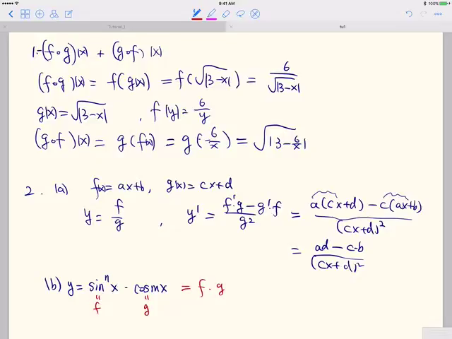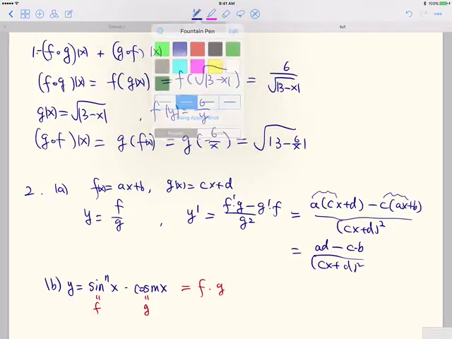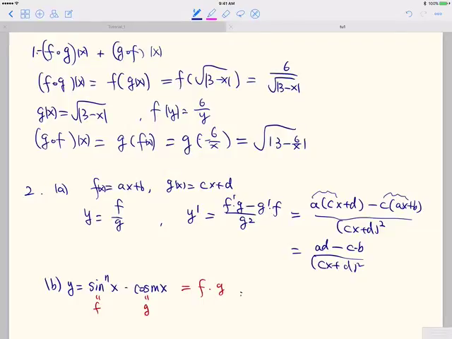So we can use the product rule to calculate this one. We write down y prime equals f prime times g plus g prime times f. Now the problem will be, what's the first derivative of sine to the power of n of x? For this one, once again, we need to use the composition rule.